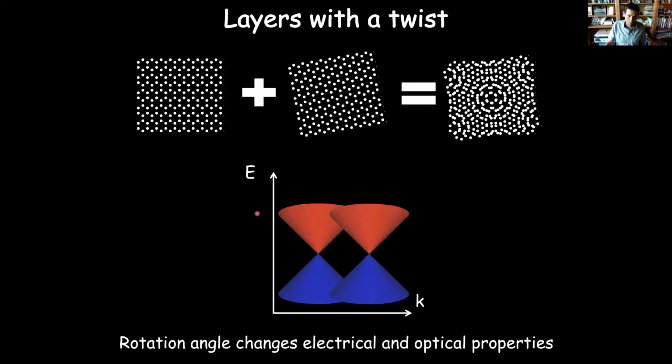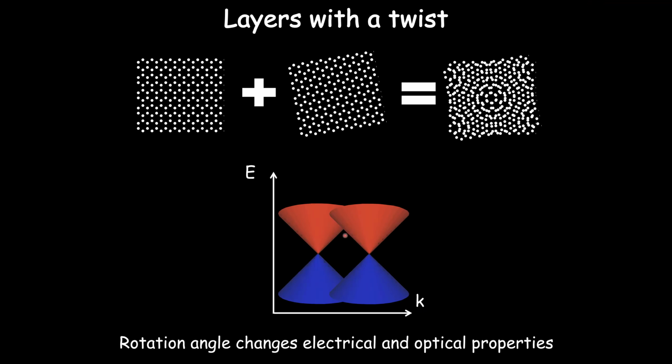In momentum space, you have the Dirac cone from one layer and the Dirac cone from the second layer, and the twist controls the separation in momentum space of these two Dirac cones. By controlling the twist angle between them, we can move these cones closer together or further apart. This then changes the electronic and optical properties.